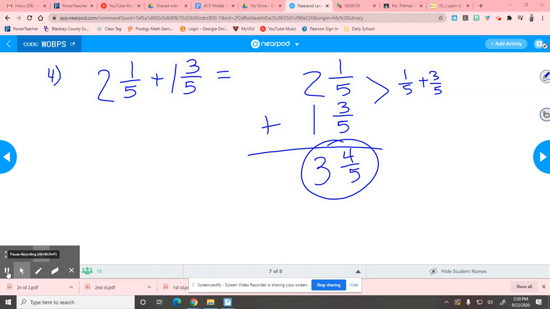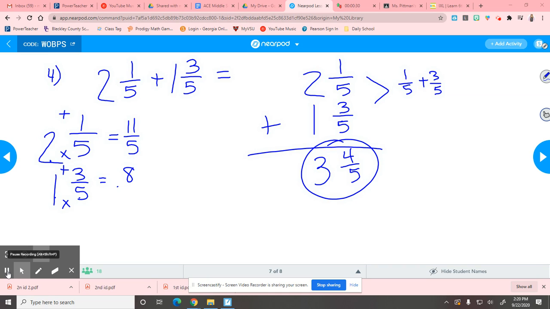Listen. Do you remember having to change them from a mixed number to an improper fraction? Do you remember how to do that? Yes. To do that, let's say we have 2 1/5. You multiply, then add. Does that ring any bells? Yes. So 5 times 2 is 10 plus 1 is 11. And then if I've got 1 3/5, I've got to multiply. 5 times 1 is 5 plus 3 is 8.